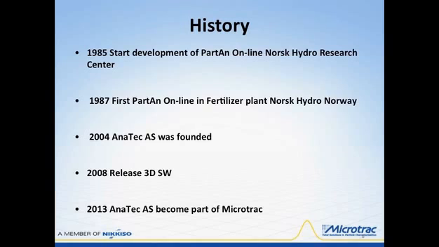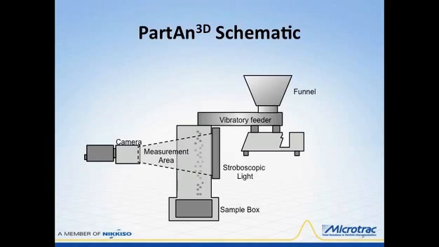Here's a schematic which shows the simplicity of dynamic image analysis as used in the Partan 3D analyzer. The dry sample placed in the funnel on the right moves on a vibratory feeder to the edge of the sensing zone, where it falls by gravity through the sensing zone and is collected in the sample box at the bottom.